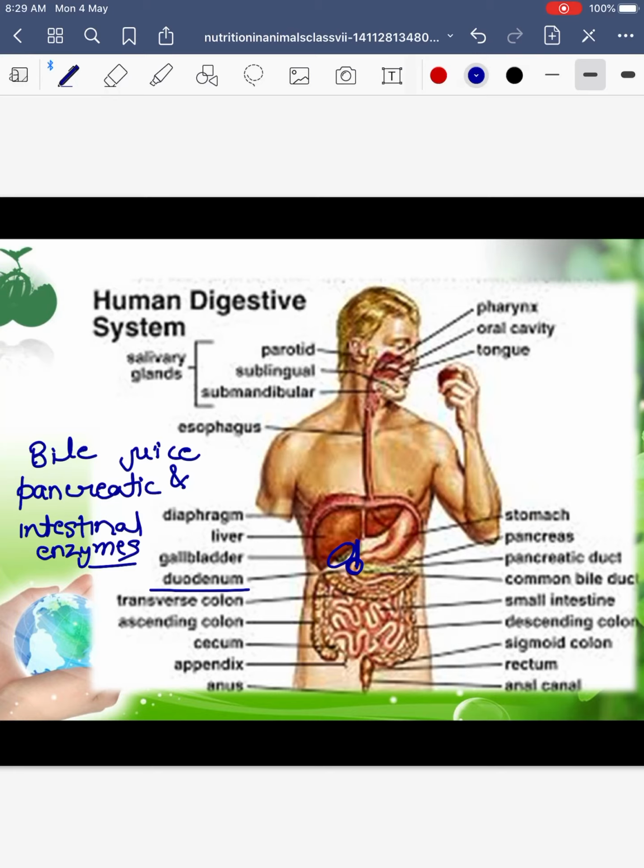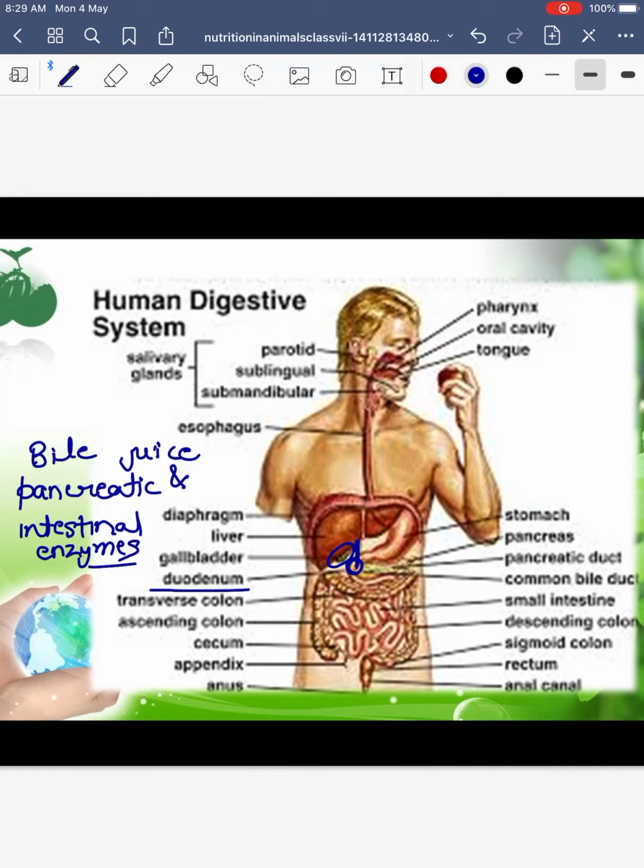Okay, so what is liver? Liver is the largest gland of the human body which secretes various hormones and enzymes which play a very important role in digestion. Liver secretes bile juice which is stored in the gallbladder, and this bile juice makes the medium alkaline.